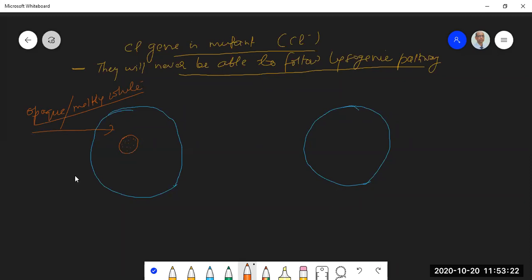Why is it so? Because statistically speaking, after infection, in 50% of the infected bacterial cells the bacteriophage has undergone the lytic pathway, and in the remaining 50% the bacteriophage has undergone the lysogenic pathway.